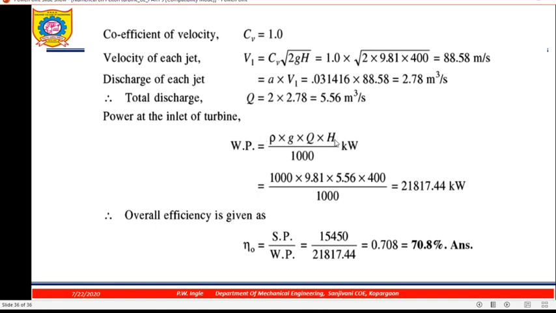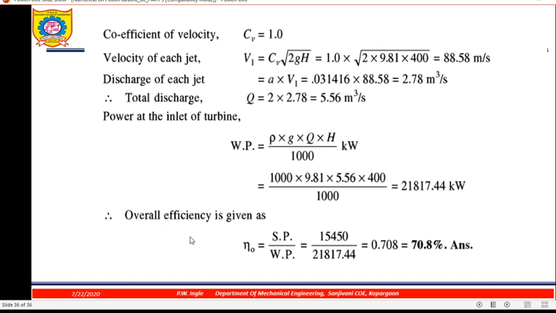Water power is rho g QH upon 1000 if you want to convert into kilowatt, or otherwise you can write W QH, you will get power in kilowatt. So total discharge Q: first of all CV, then velocity of jet, discharge per jet, total discharge. Calculate power at the inlet of turbine and then calculate overall efficiency. You are getting 70.8%.